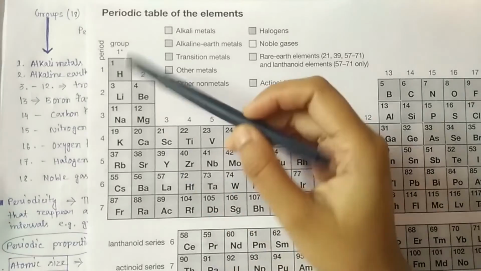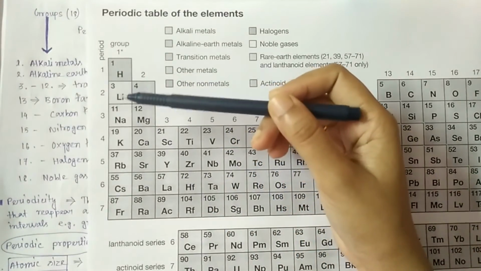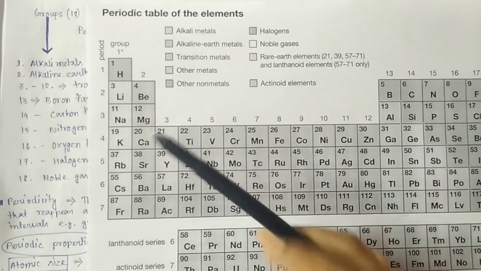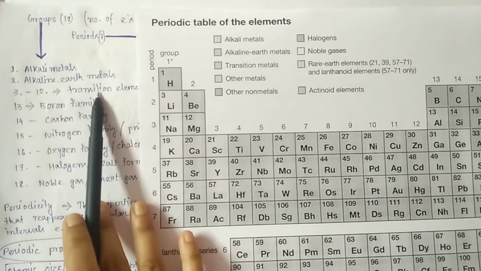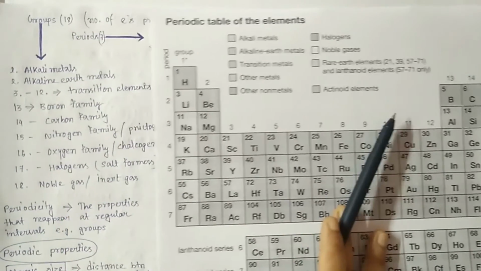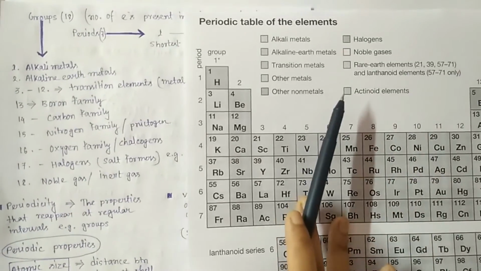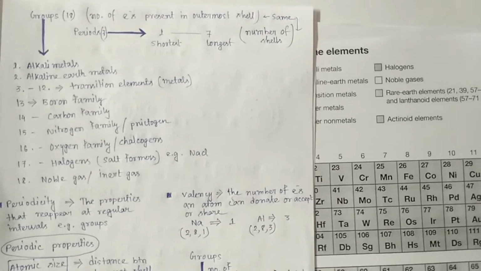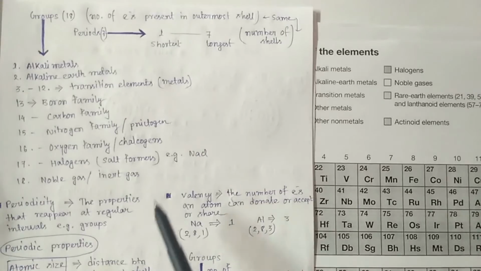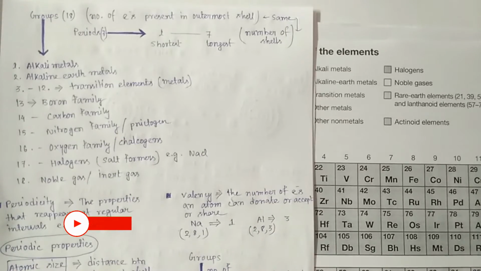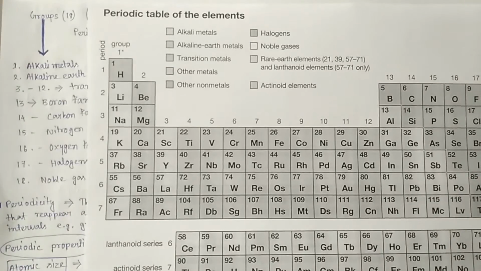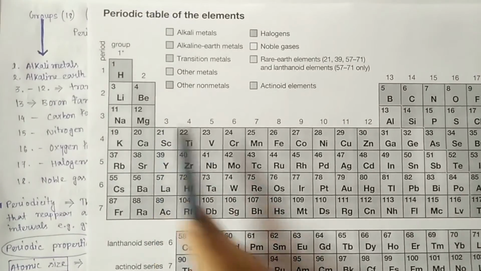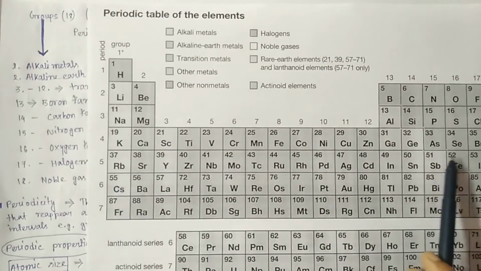So group 1 is alkali metals. Group 2 is alkaline earth metals. Groups 3 to 12 are transition elements. They are called transition elements because they lie between the metals and non-metals. Though they are metals in their properties, they are actually between metals and non-metals.